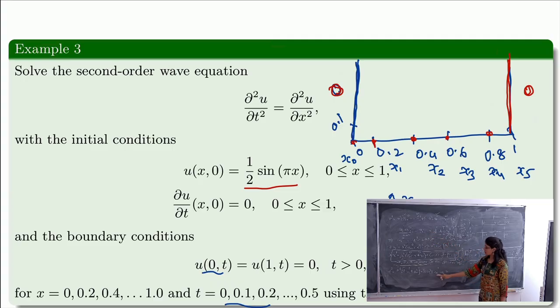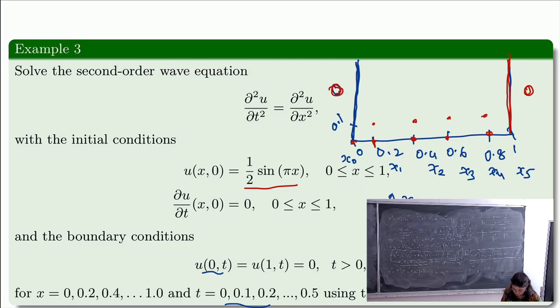Then for the next time level our u_i's at the second time level are given in terms of the first and 0, which we have already calculated. So there is no difficulty at all. So these are the values at the first time level.